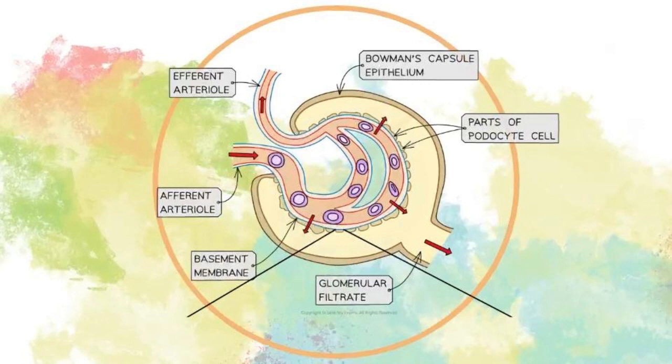The blood in the glomerular capillaries is separated from the lumen of the Bowman's capsule by two cell layers with a basement membrane between them. And you can see this again in this diagram at the junction between the Bowman's capsule and the glomerulus itself. So this first cell layer is the endothelium of the capillary.